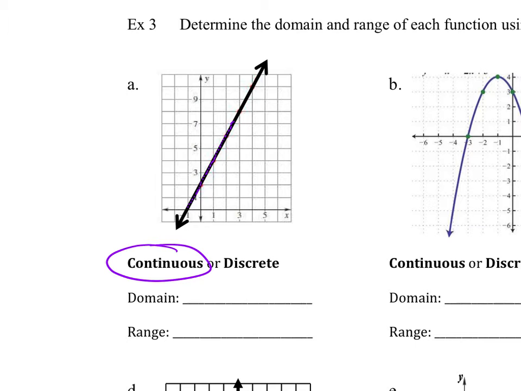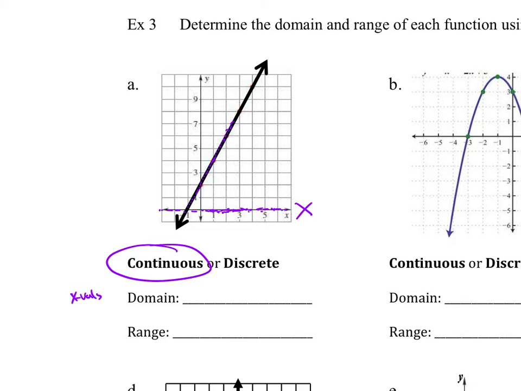All right, so the domain, these are the x values that are represented in this graph. I'm looking along the x-axis and trying to figure out what x values are on the graph. If I went to 1, that's on the graph. 2 is on the graph. 2.5 is on the graph. All these x values are on the graph, all the way from the right all the way to the left.